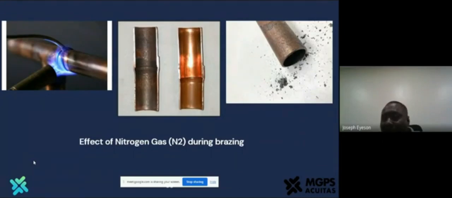Without that, when it comes to medical gas piping, it becomes very difficult because you need clean pipelines. Down here, I've witnessed people just putting in pressure and blowing it out, but there will be some deposit of carbon inside the pipe.